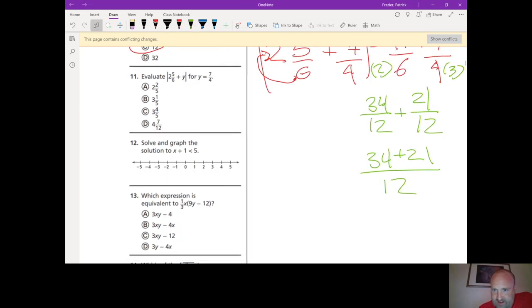The reason is that the denominators are the same, so we're just adding 34 and 21 together, and we don't have to worry about the denominator because they're now the same. So what is 34 plus 21? You could think of that as 30 plus 20 plus 4 plus 1, because that's 3 tens plus 2 tens plus 4 ones plus 1 one.